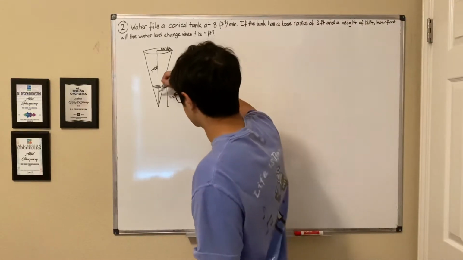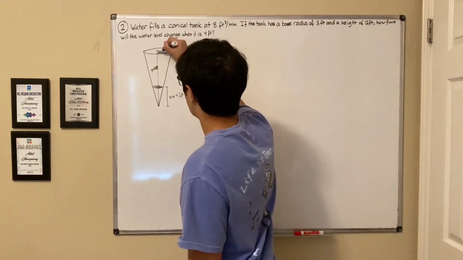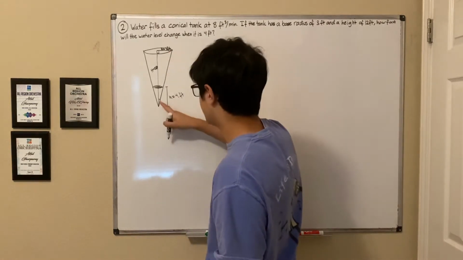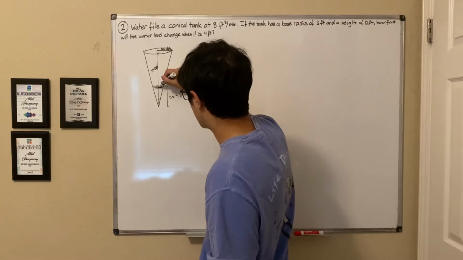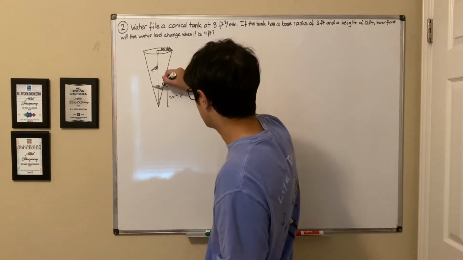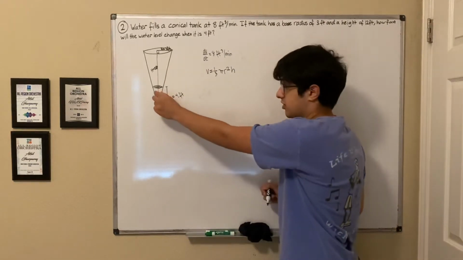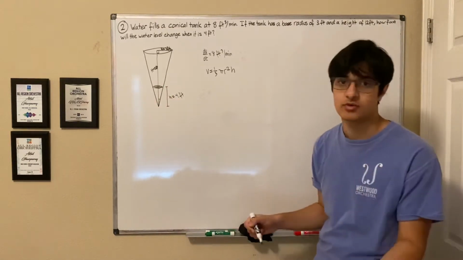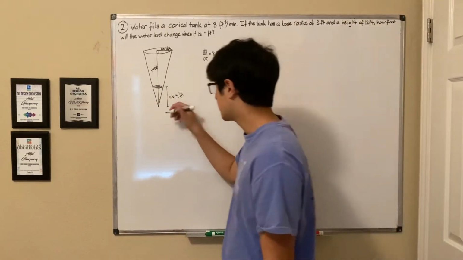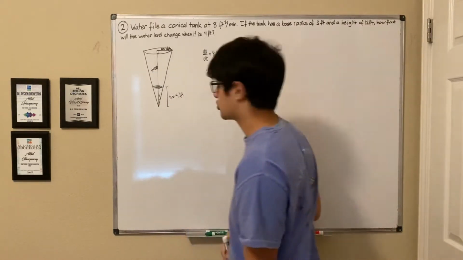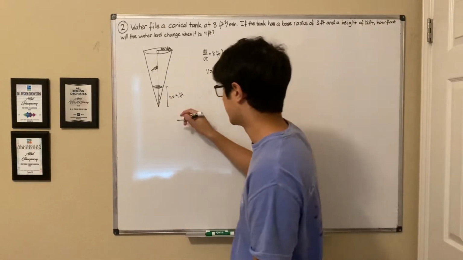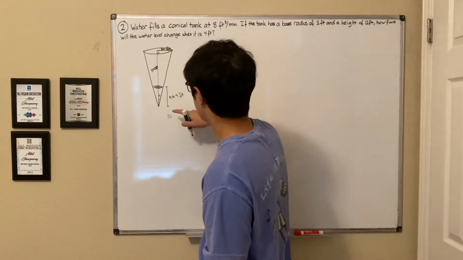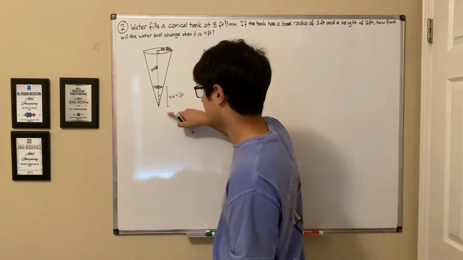Why can we use proportions? Because take a look. We have a right angle here between radius and height, and we also have this angle right here. If we draw the same angle over here, or draw a triangle here, you notice we have a right angle and this shared angle. So we have similar triangles. What we can do is use a trigonometric ratio to find a similarity. Let's say this is tangent theta that we want to use.